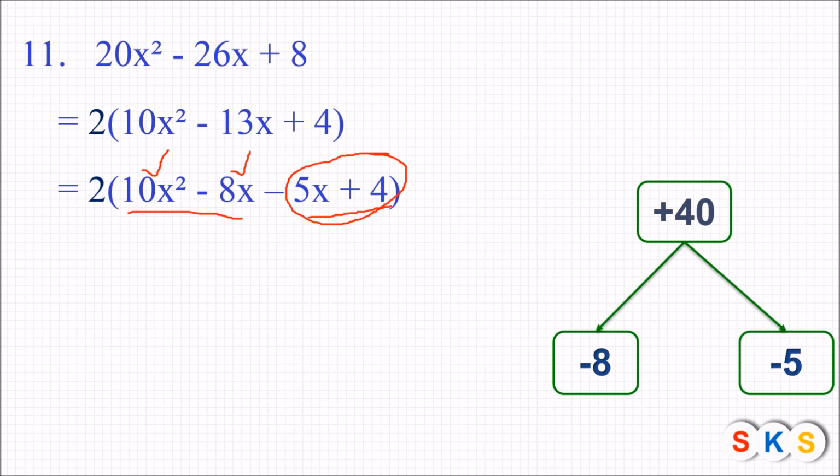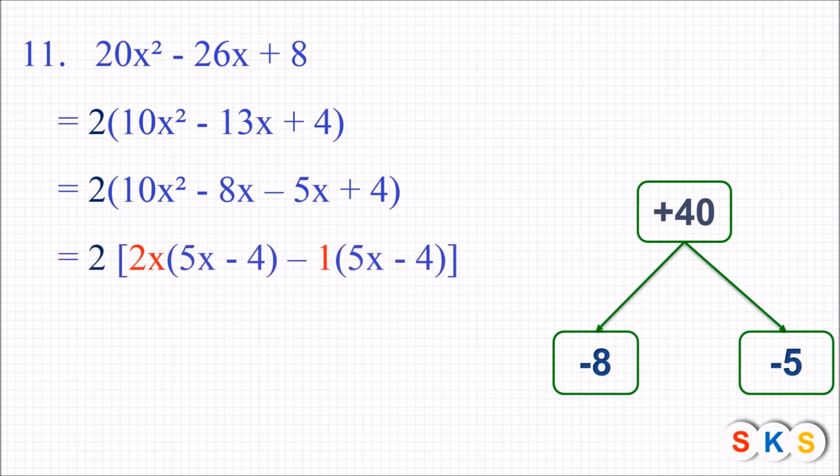So what will we get after taking the common in the first group and the common in the second group? We will get 2x in a bracket 5x minus 4, minus 1 into 5x minus 4. Now what is common here? The common in this group is 5x minus 4, which we will write in the first bracket. In the second bracket we will write 2x minus 1.